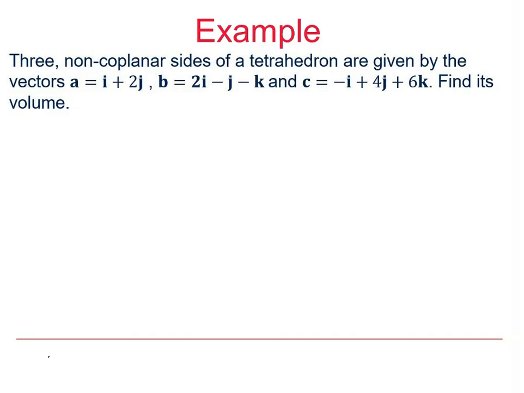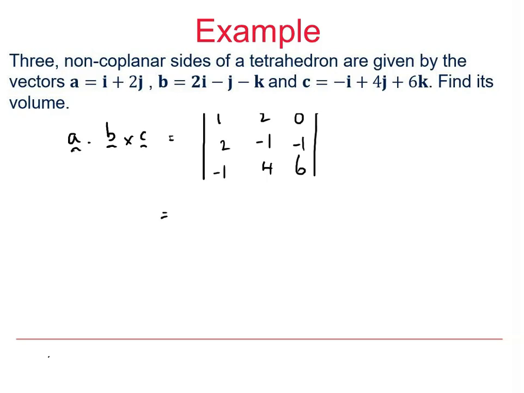The first thing we need to calculate is the scalar triple product A dot B cross C, which we can get by using the determinant of the 3x3 matrix made up by rows using the elements of A, B and C. So the first row will be 1, 2 and 0 using A. The second row using B will be 2, -1, -1, and the third one -1, 4 and 6.